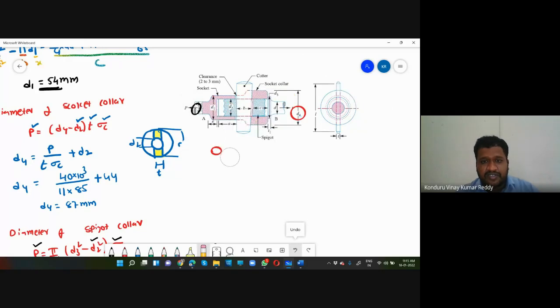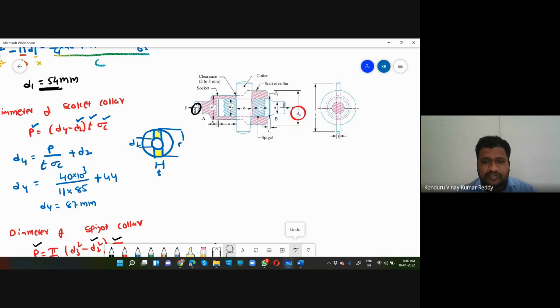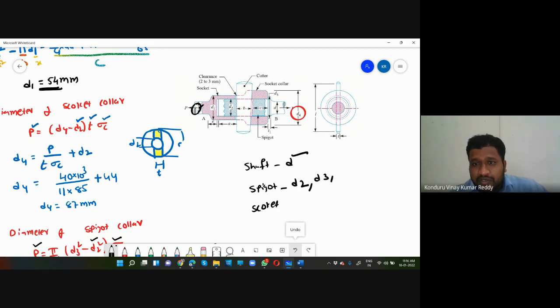Here, we have found out the D value for the shaft. For spigot, we have to find out D2 value and D3 value. And also thickness of this collar, that is T1 value for this spigot, we have found out.